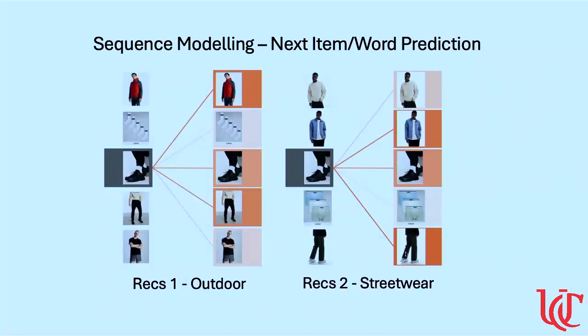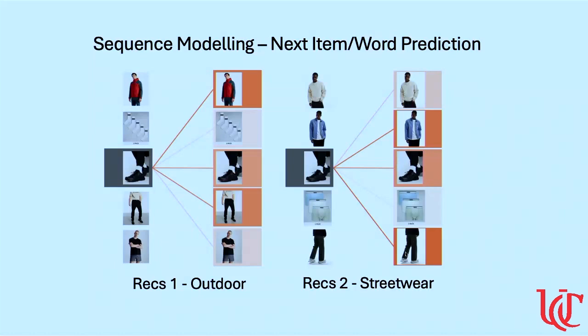So let's take one more example of how we are modeling the same thing for products. Can the same next item or word prediction work for next product prediction? In this sequence of items, there are black sneaker shoes which have been interacted with.